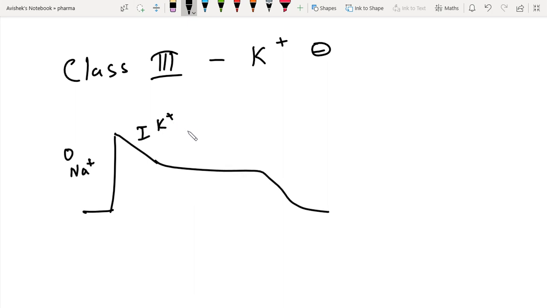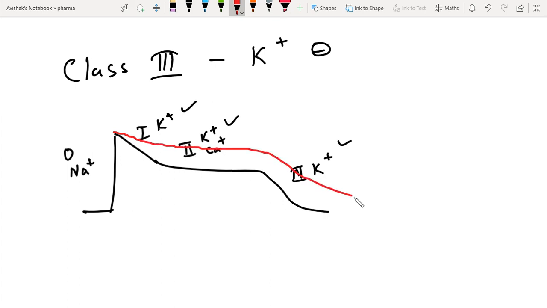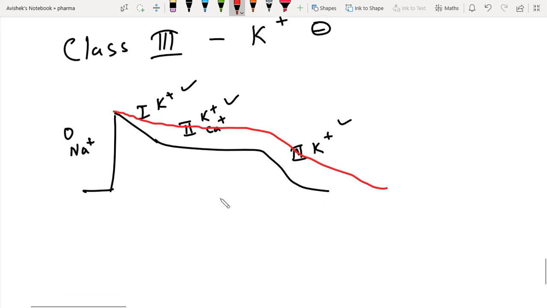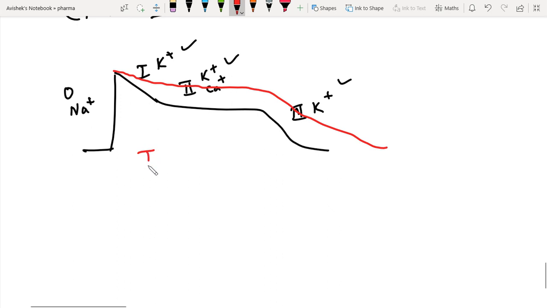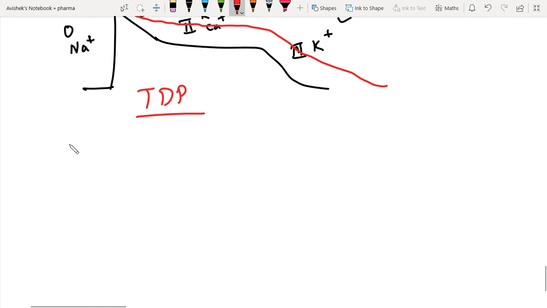Phase 1 potassium, phase 2 potassium and calcium, phase 3 potassium. So here, here and here there is potassium working in 3 phases. So if we block, this one will elongate. This is also called torsades de pointes.